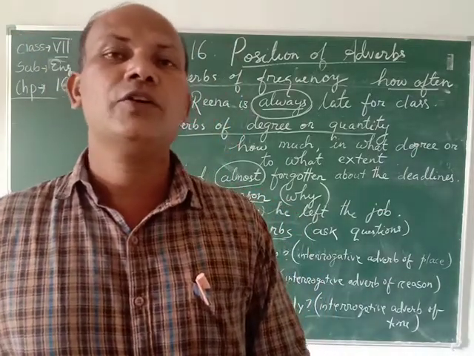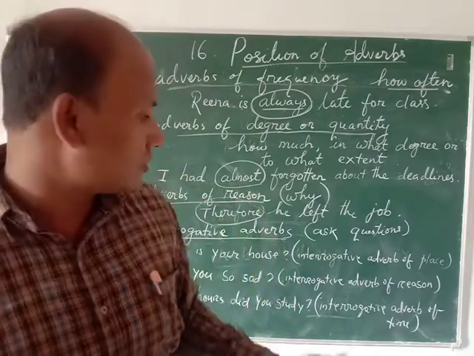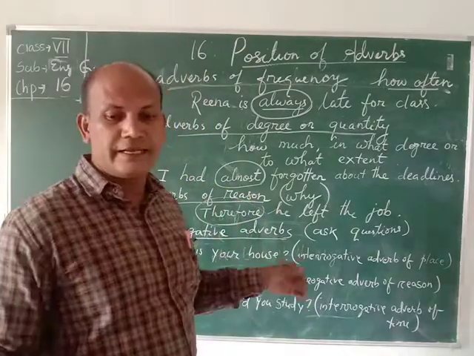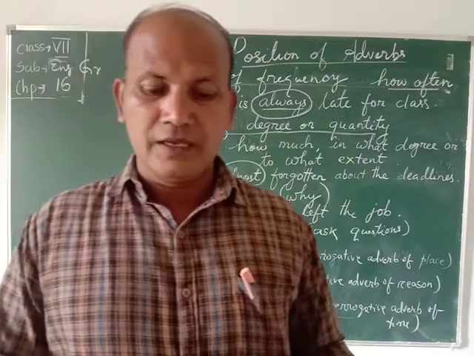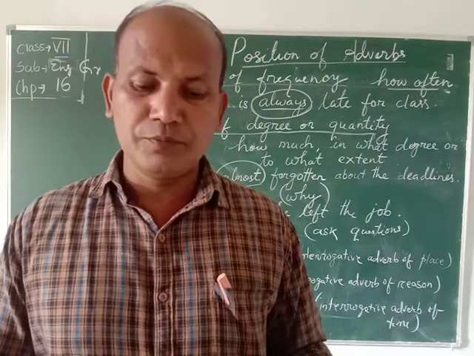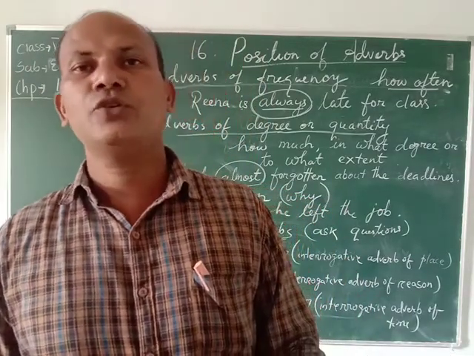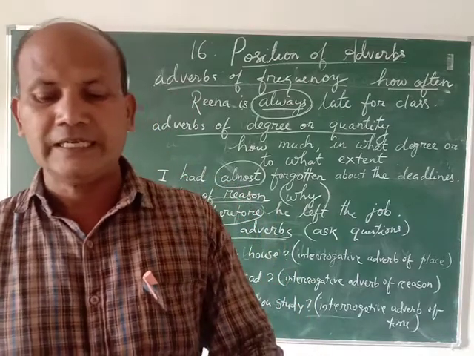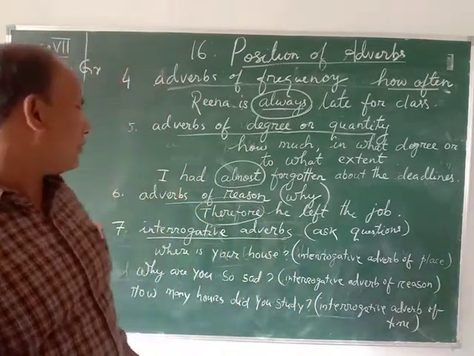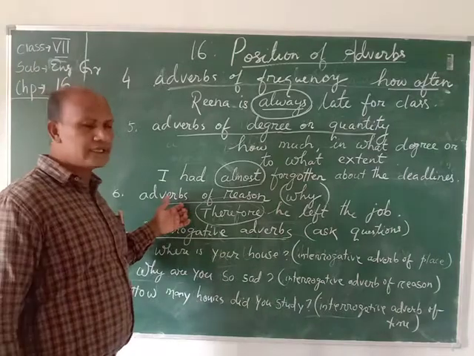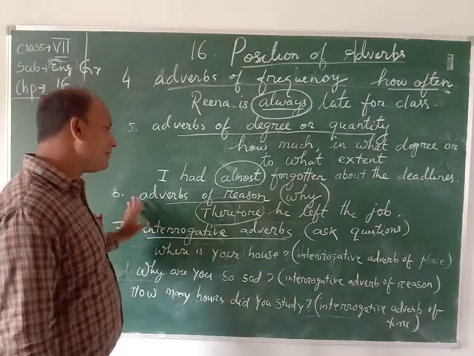Yes, or he got overburdened, therefore he left this job. We can say any examples. Okay. Hence, we need to speak before the meeting. So therefore, because, etc. are used in this adverb of reason. Is it clear to understand this point 6?